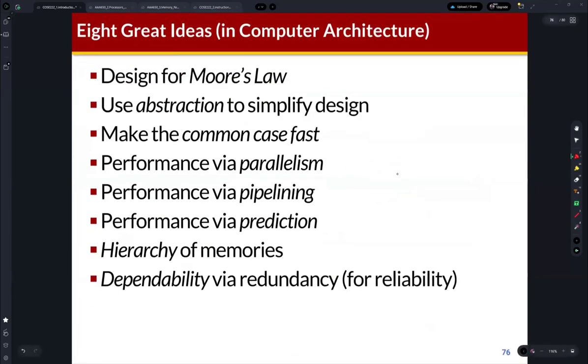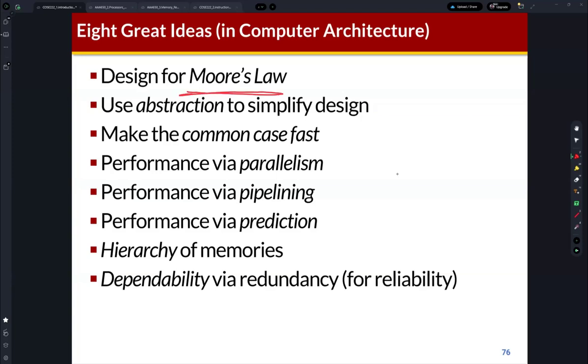So these are the 8 great ideas in computer architecture, which means computer architecture researchers have developed the computer system based on these ideas.